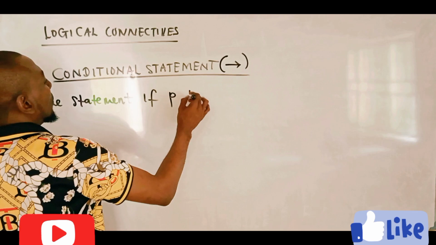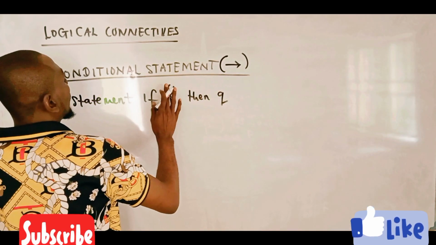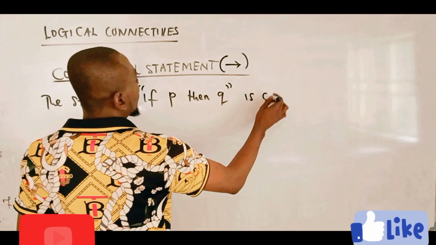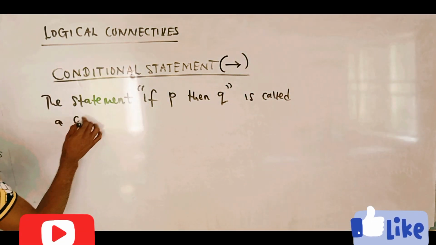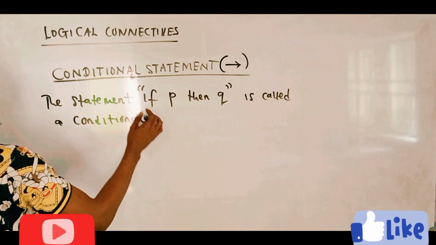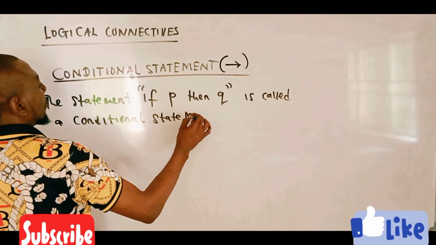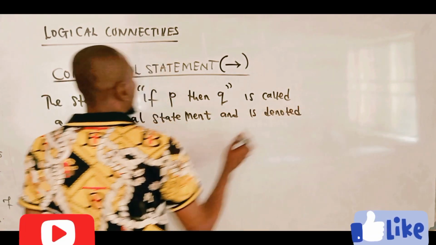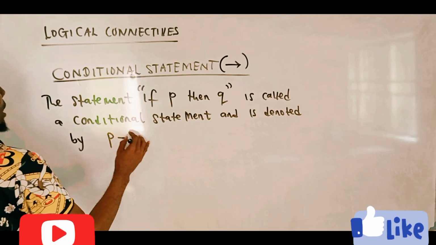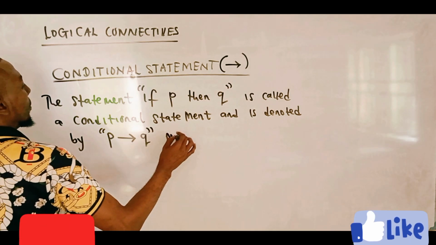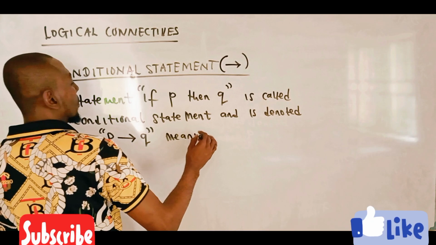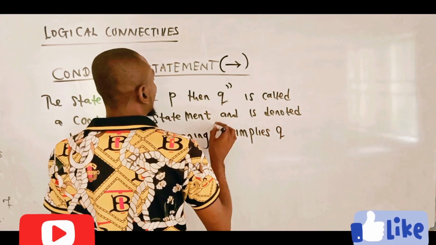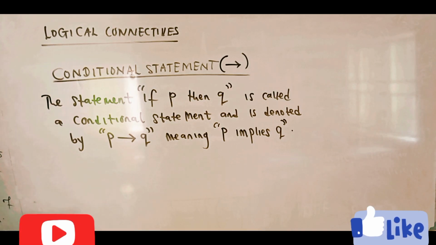The statement, if P, then Q, is called a conditional statement, and is denoted by P arrow Q, read as P implies Q. P implies what?